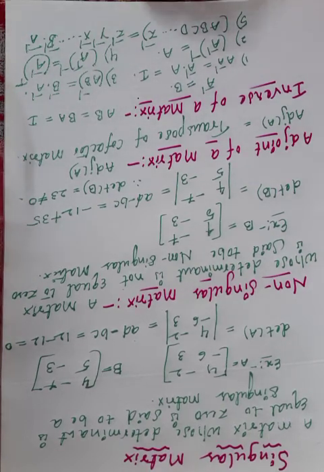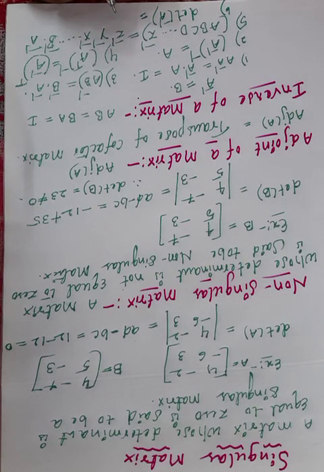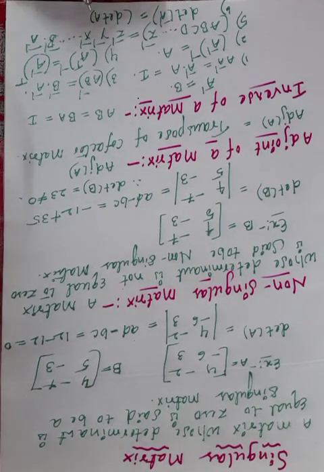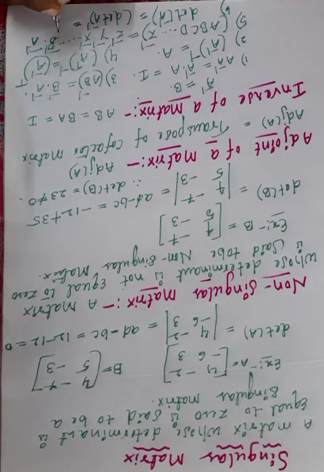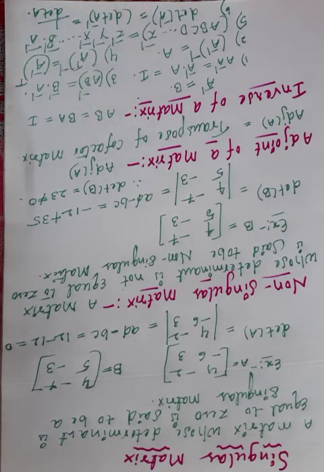Next, and the last one is determinant of A inverse, which is equal to determinant of A whole inverse, which is equal to 1 by det A. So these are the 6 properties of the inverse of a square matrix.